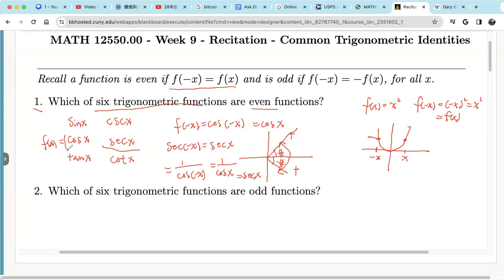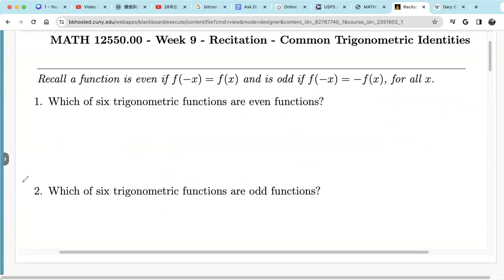So only cosine and secant are even functions. The other 4 functions are odd functions. So that answers the second one. The other 4, sine, cosecant, tangent, and cotangent, are odd functions.